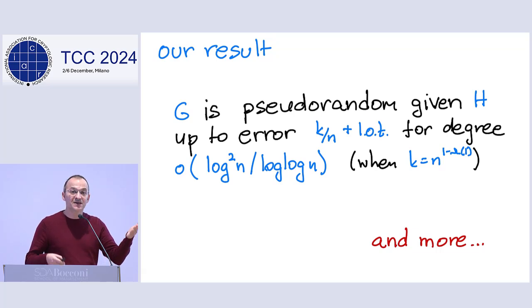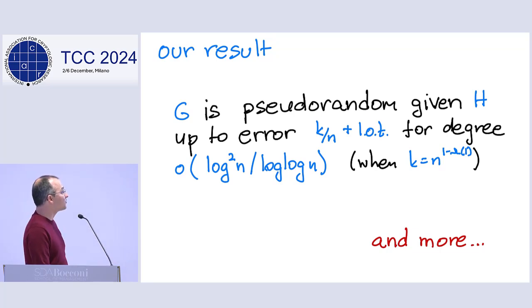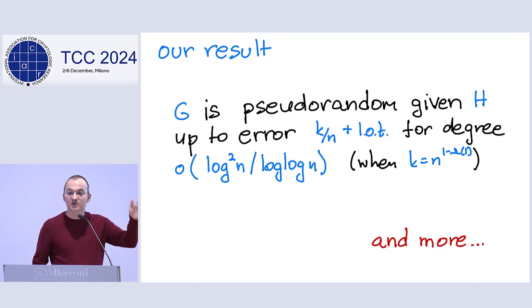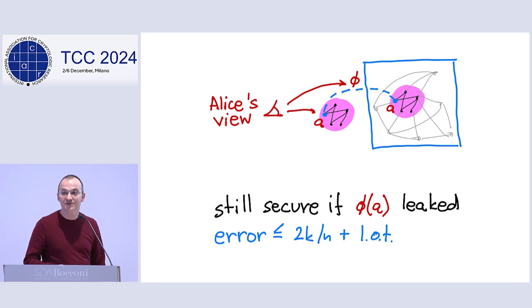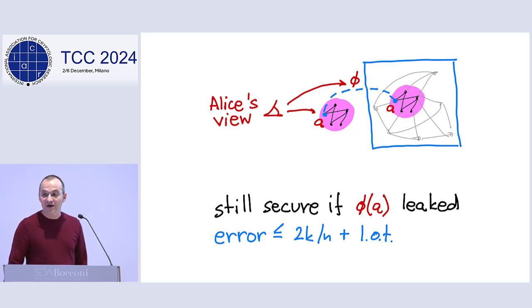So in some sense, the edge counting distinguisher is close to being optimal within the framework of low-degree algorithms, and this works all the way up to degree a little bit less than log squared n, which is what you would expect. It's for the same reasons that you get log squared n for the clique. There is this fudge factor of log n that's kind of an artifact of the method, but that's it. Okay, so this is the main result.